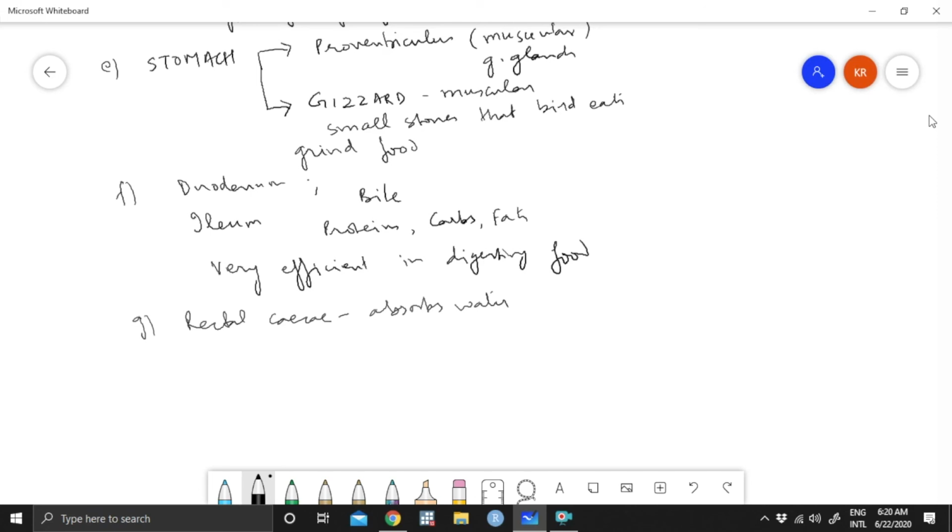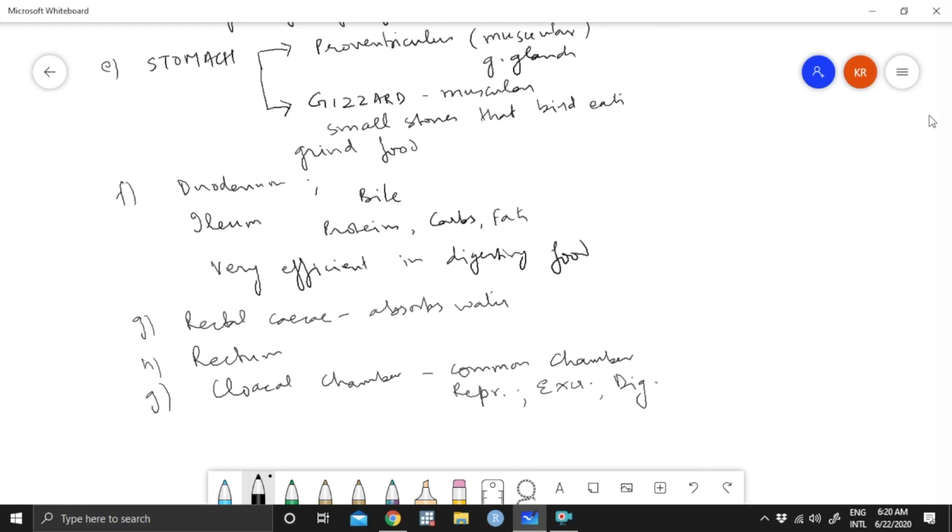It goes into the rectum, and from the rectum it goes into the cloacal chamber. What we mean by cloacal chamber is that it is a common chamber where it receives tubes from the reproductive system also, and from the excretory system also, and from the digestive system also.